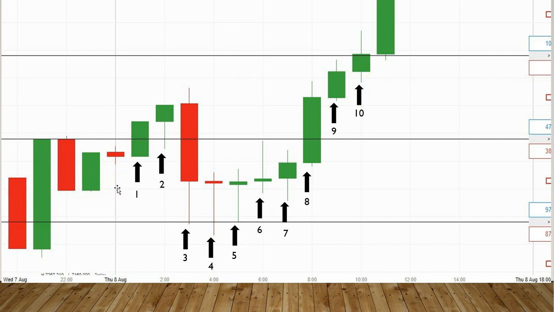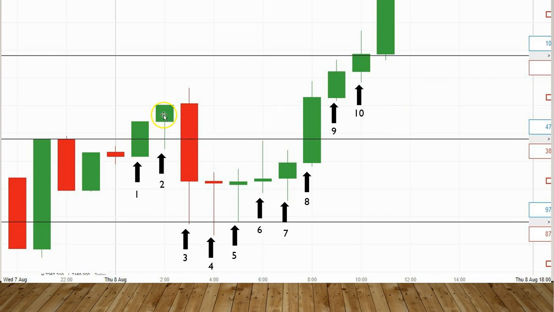The question is: is there a relationship if the 1 o'clock bar is up, meaning that it opened and closed higher, or green, on a candle? If the 1 o'clock bar is green, what is the probability that bar number 2 is also going to be green? I went through all the bars for the whole day.